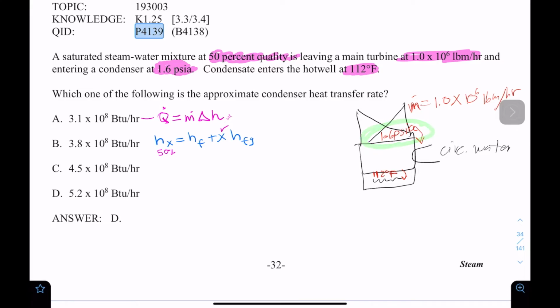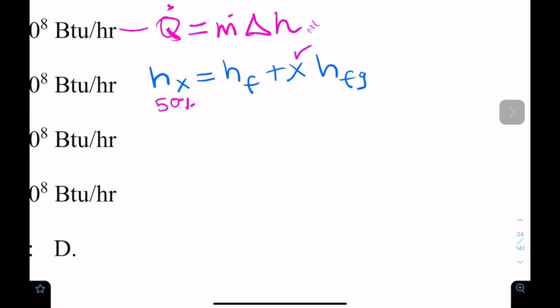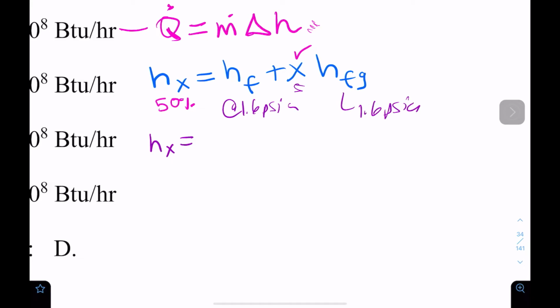So I'm going to use this one. So I'm going to go to my steam tables to calculate my h_in. I'm going to grab the information on this one at 1.6 psia, and this one at 1.6 psia, and I know this one is 0.5 because it's at 50%. So my answer will be about 600 BTU per pound mass. Okay, so that's my answer.